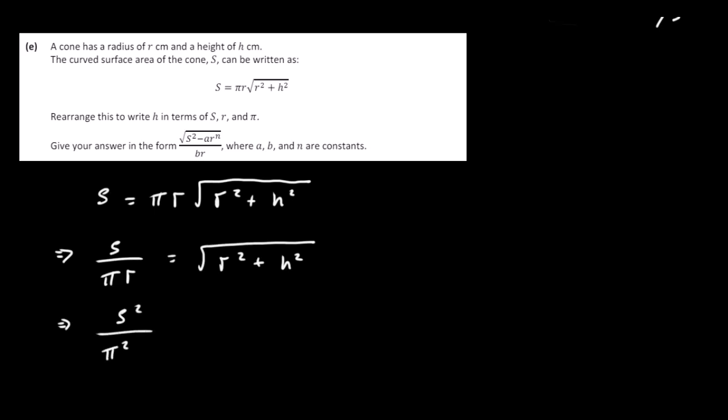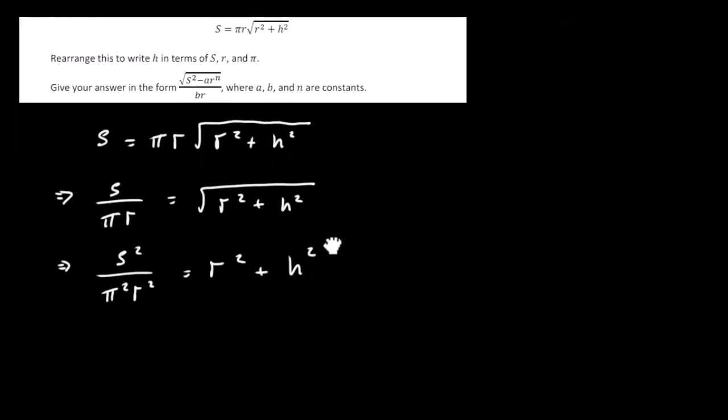So let's see. We can take the S divided by pi r. That'll give us the square root of r squared plus h squared. We can square both sides, so we've got s squared over pi squared r squared is equal to r squared plus h squared.